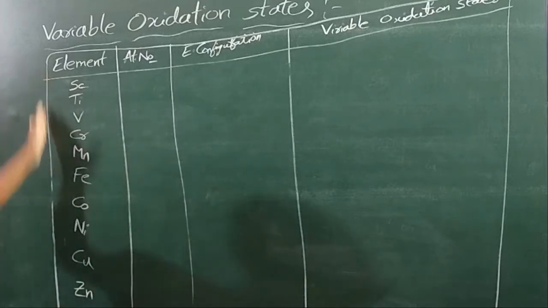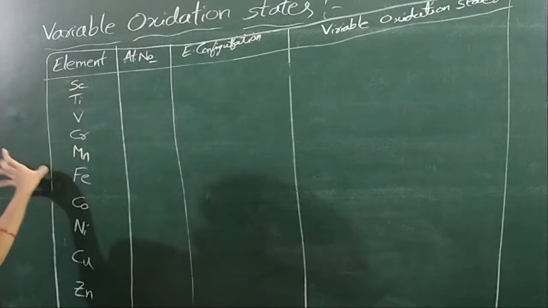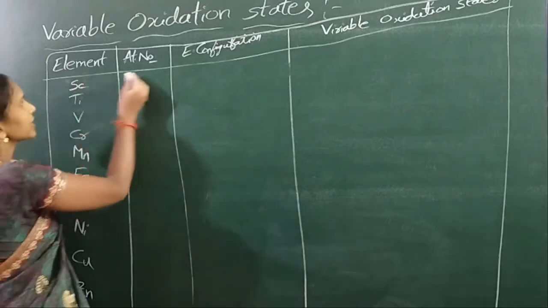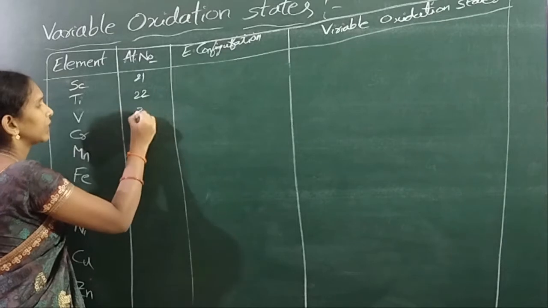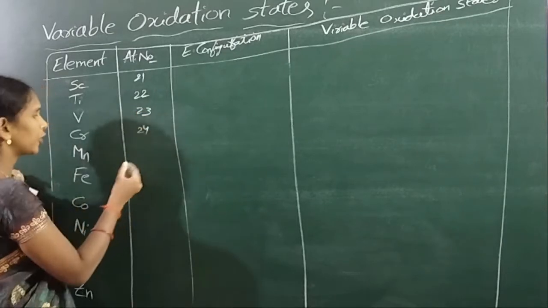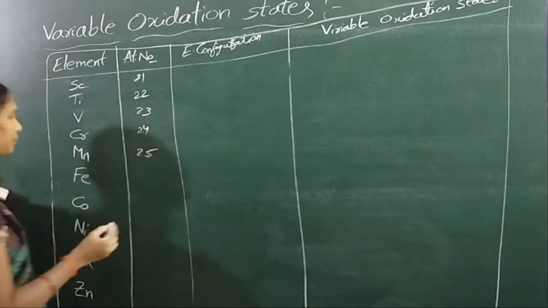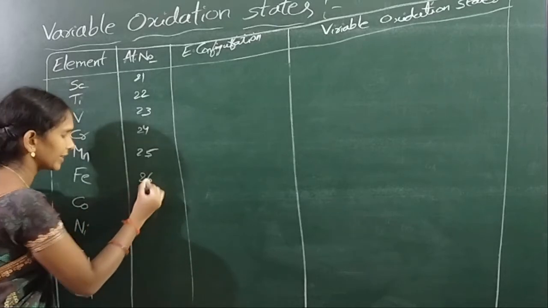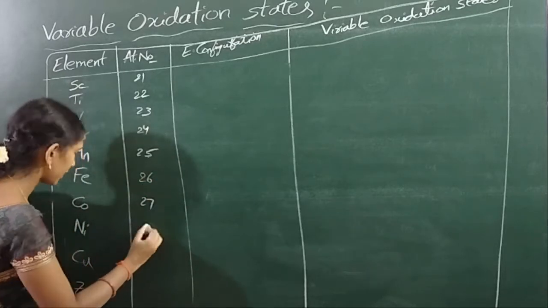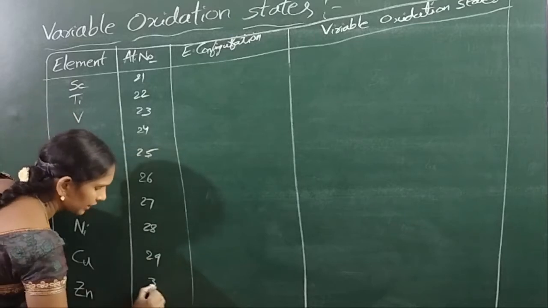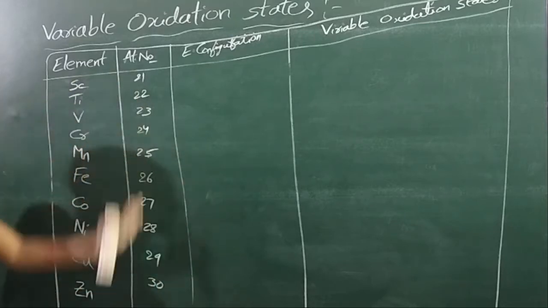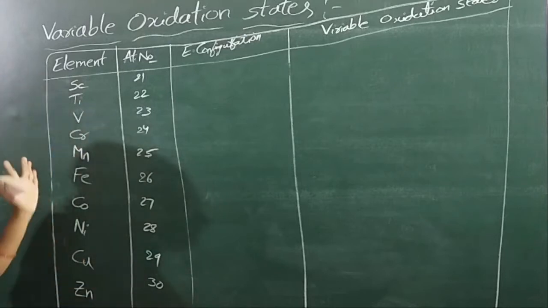The atomic number of scandium is 21, titanium 22, vanadium 23, chromium 24, manganese 25, iron 26, cobalt 27, nickel 28, copper 29, and zinc 30.